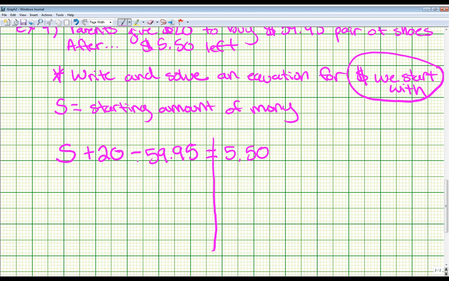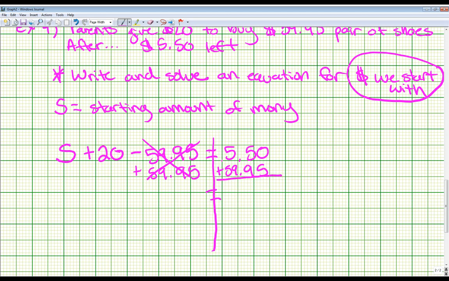So what we can do here is do the inverse, which would be to add $59.95. And if we do that to the left of our equation, we have to do that to the right. So I'm going to add $59.95 to the right side of our equation. A minus and a plus of the same number are inverse with the same answer, so we're going to cross those out, and those cancel.